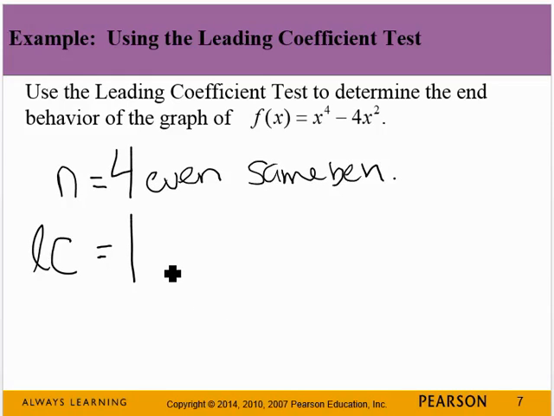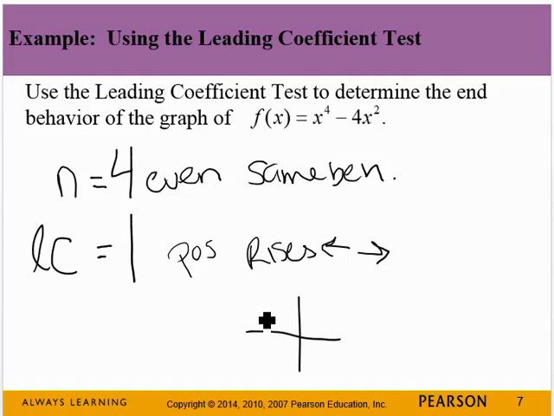My leading coefficient is 1, which is positive, so it rises on both the left and the right. That means my graph has the same behavior and rises at both ends.